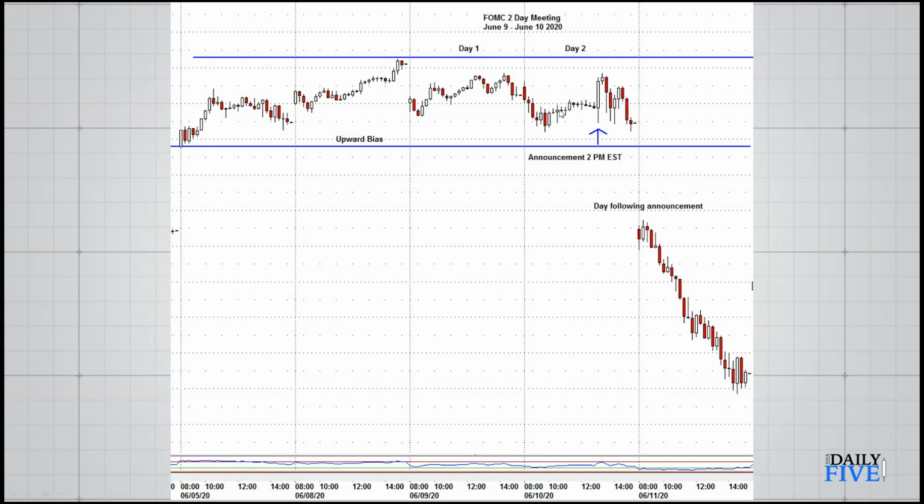Another thing that you'll tend to see is the market become very quiet about an hour and a half to 2 hours before the actual announcement comes out. And so here we can really see on this chart the candles becoming very, very neutral.